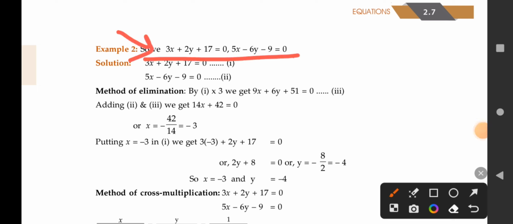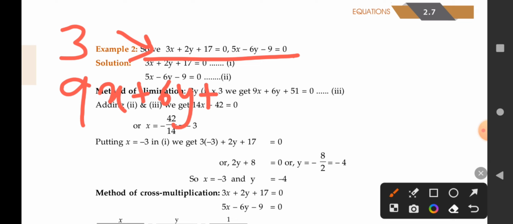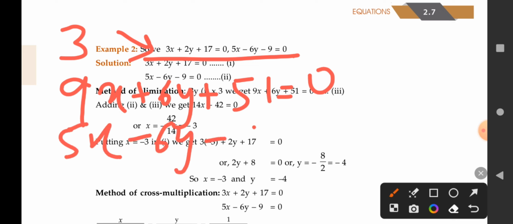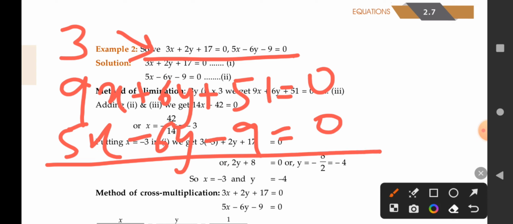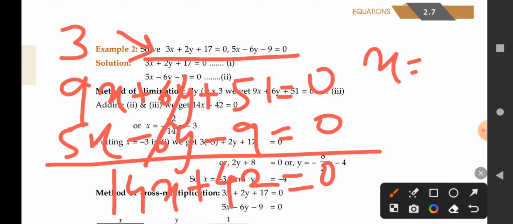If you multiply this equation with 3, you get 9x plus 6y plus 17 into 3 is 51 equals 0, and 5x minus 6y minus 9 is equal to 0. Add the equations. This gets cancelled. So 51 minus 9 is 42 over here, and 9 plus 5 is 14x. So x becomes minus 42 divided by 14 is minus 3.